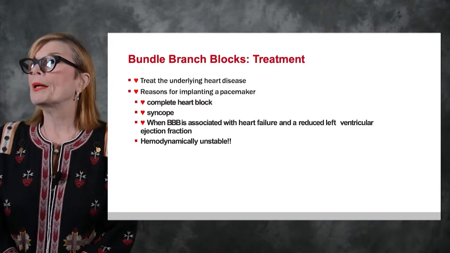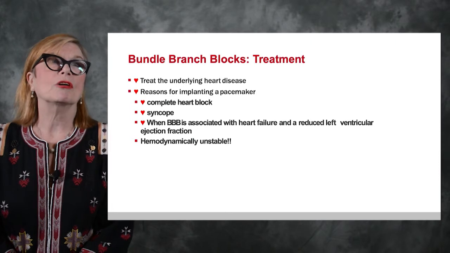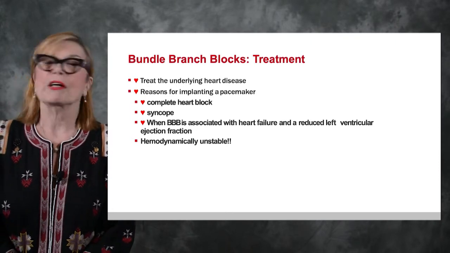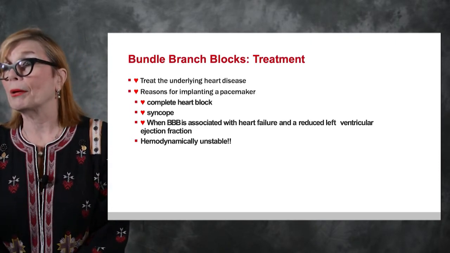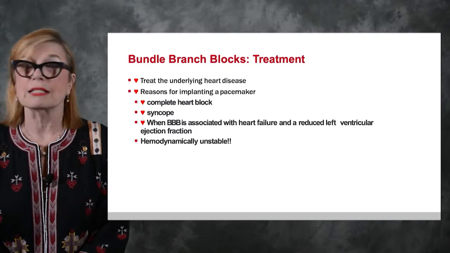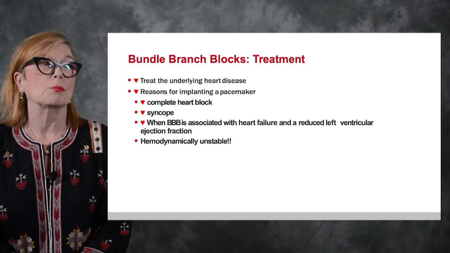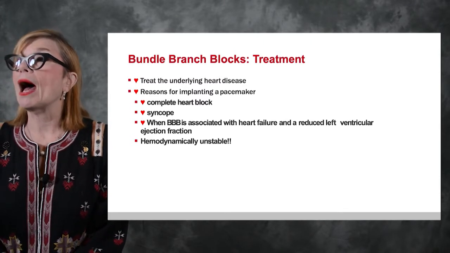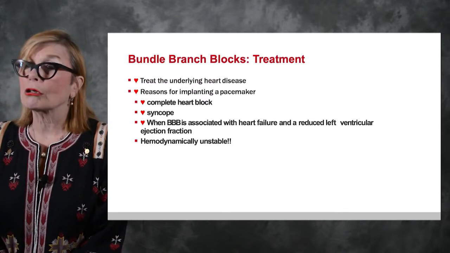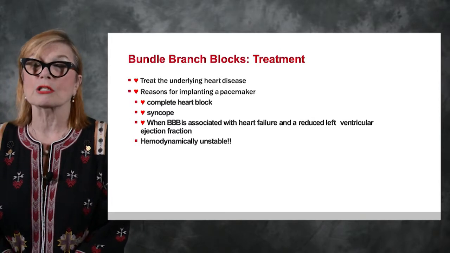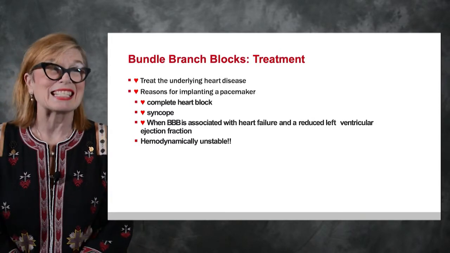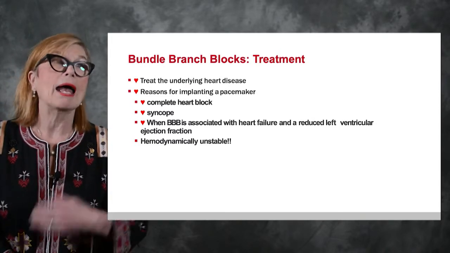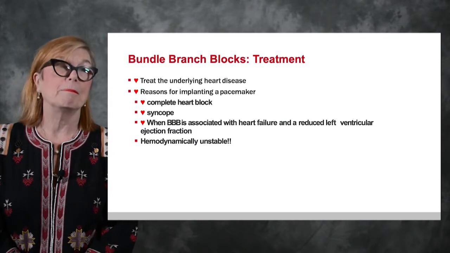Now, what are we going to do about bundle branch blocks? Well, first of all, we're going to try to figure out why you have a bundle branch block, and we're going to try to treat the cause. That's the main thing that we do with bundle branch blocks. Now, we might give you a pacemaker if you have first degree or second degree block with bundle branch block, because now you've got at least bifascicular block.